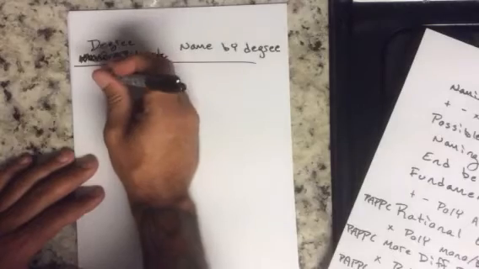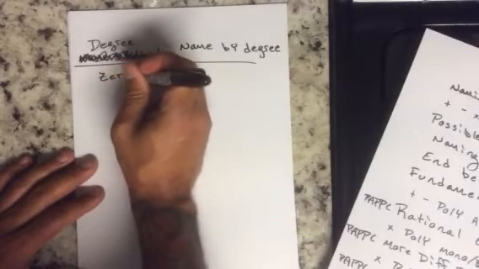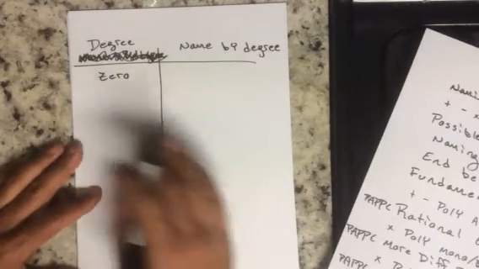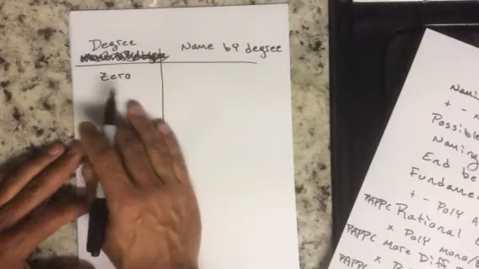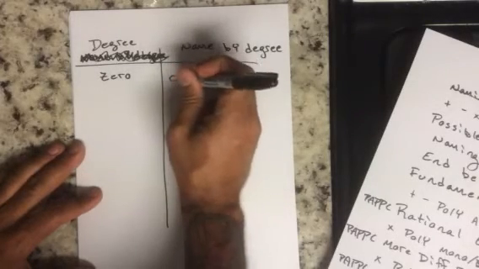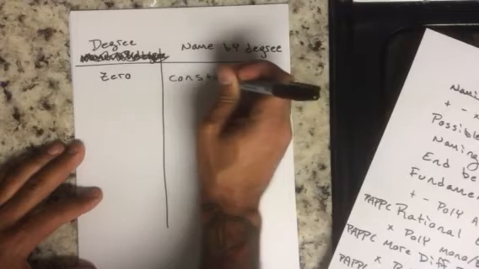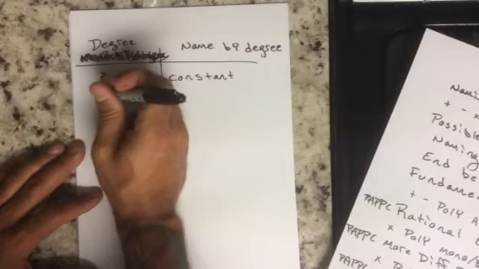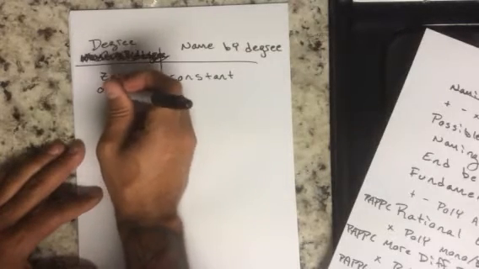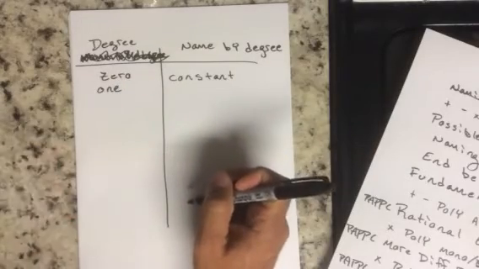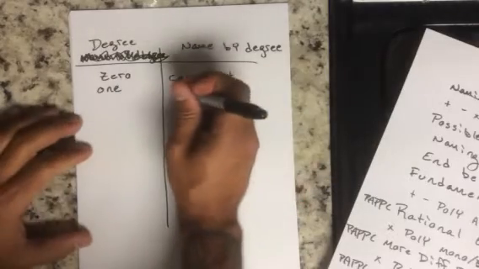The lowest degree we can have is 0. And we can have something that's a degree of 0. I'll show you what that looks like. And the name for that is a constant. And I'll show you examples of all of these. Then the next one is a degree of 1, which is called a linear.